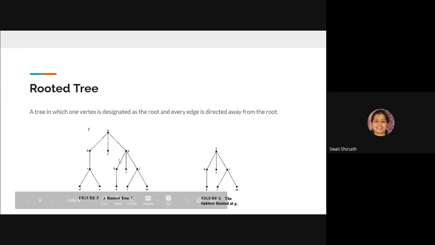But here, the root is at the top. Then it has some branches, some nodes generating from that root. So this is a rooted tree where one vertex is designated as the root.